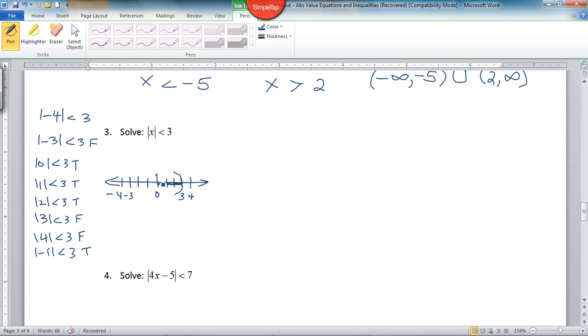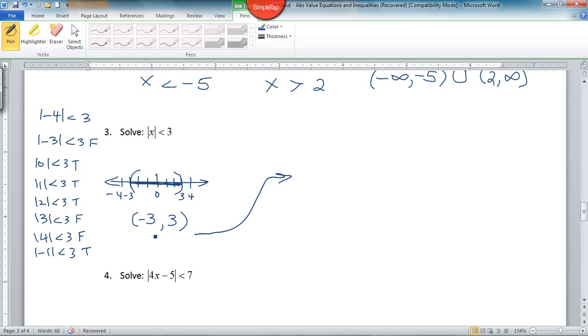So again, we have the same scenario here. It's working until we get to negative 3, and then at negative 3 it quits working. So look at what we have. We have from negative 3 to positive 3, if we write that in interval notation. All right, well, if we think about that in an inequality scenario, here's what we've got.